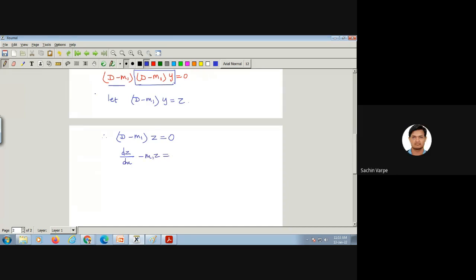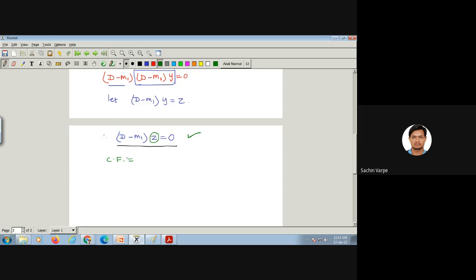As we all know, this is the homogeneous differential equation. तो इसका complementary function क्या होता है? We all know what the complementary function is for this. The solution of a homogeneous differential equation is the value of the dependent variable.